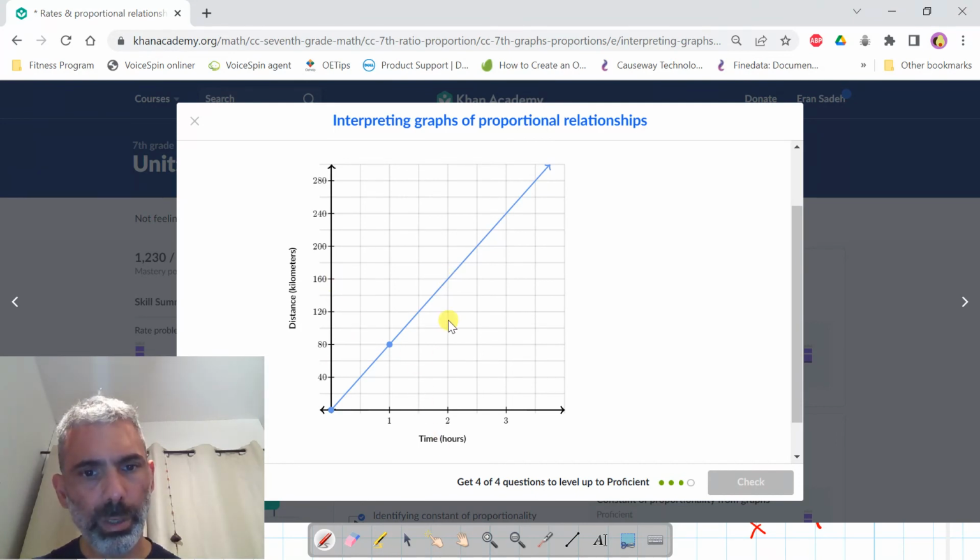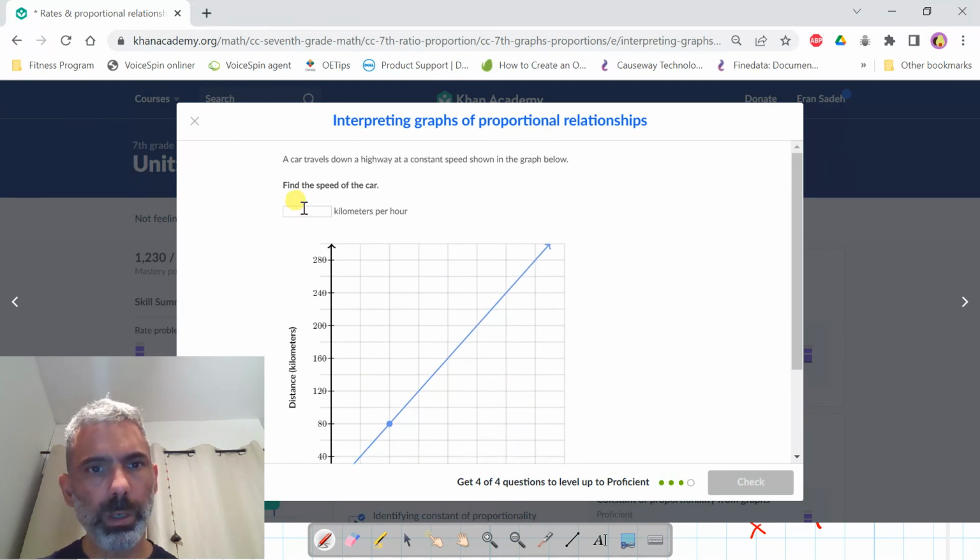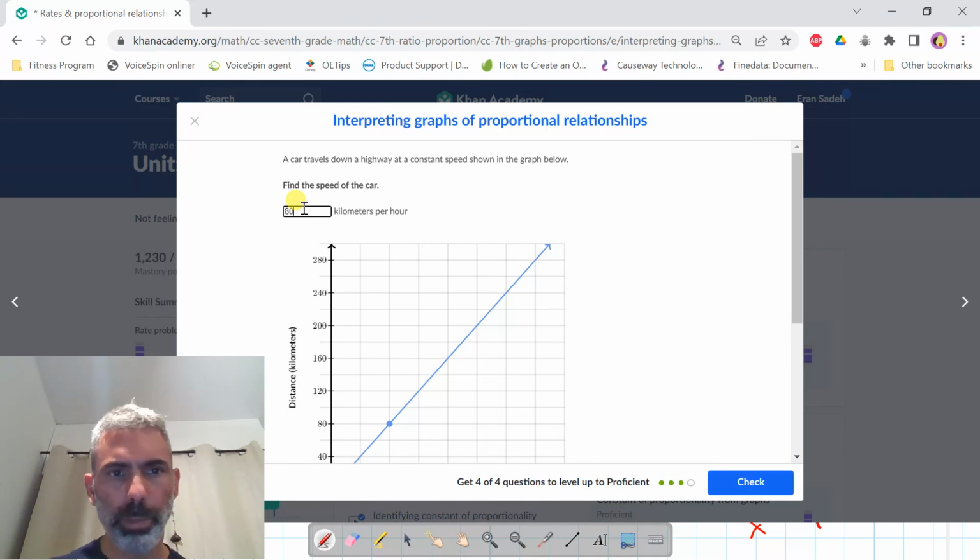And here we see that when it travels 2 hours, it covers 160 kilometers. 160 divided by 2 is 80. And here 3 is 240. 240 divided by 3 is 80. So the speed of the car is 80 kilometers per hour.